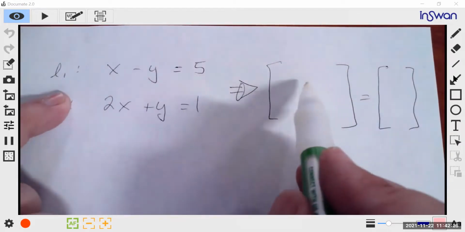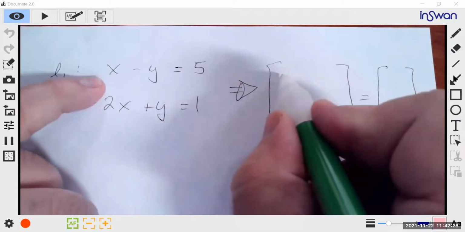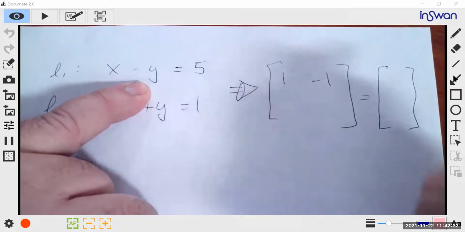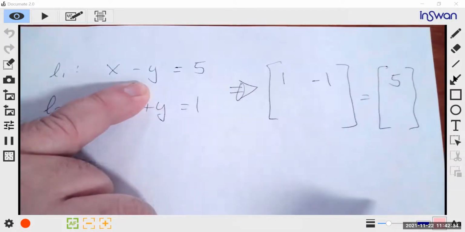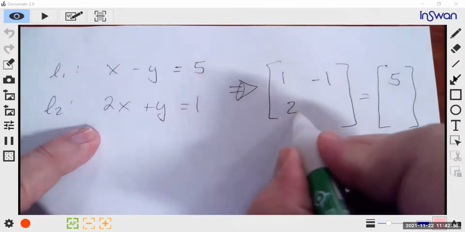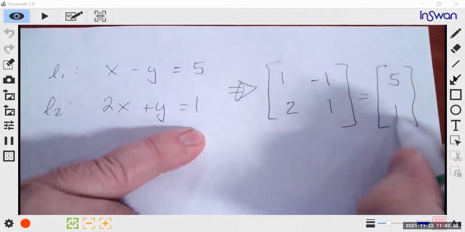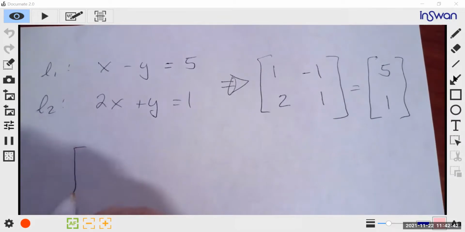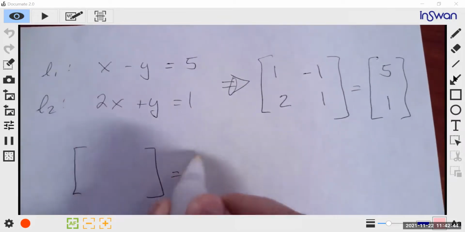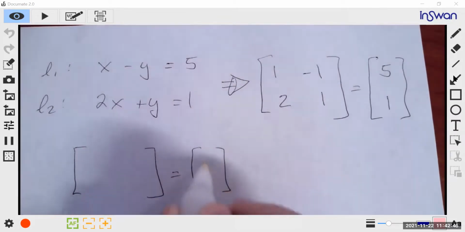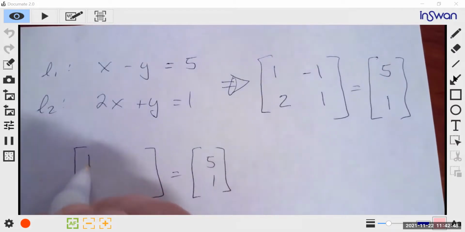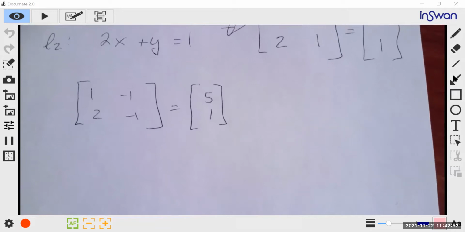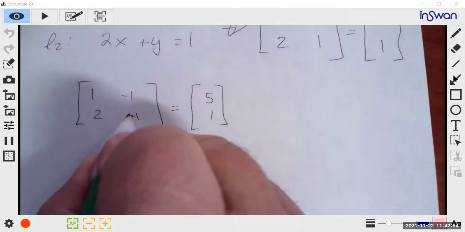So in this first line, the coefficient of x is 1. The coefficient of y is -1. The answer is 5. 2, 1, 1. So from here on out, we're only going to be using these two matrices. Oh, that's +1. I'm sorry. It's +1.